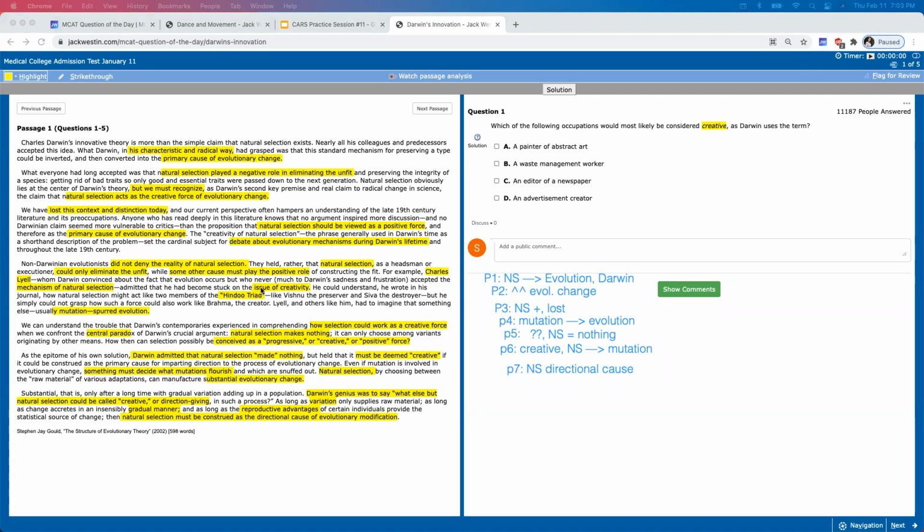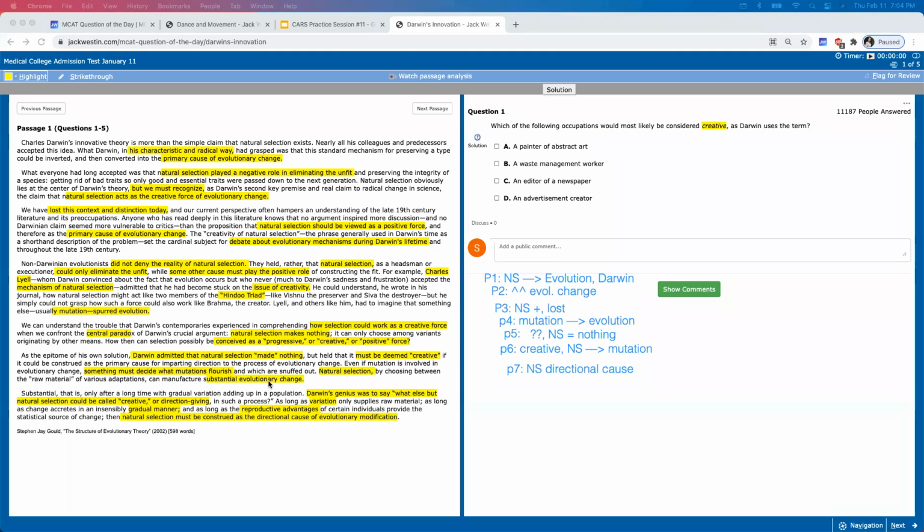The issue of creativity, and also held that it must be deemed creative, right here. If natural selection made nothing but held that it must be deemed creative, it would be construed as a primary cause for imparting direction. Even if mutation is involved, something must decide. So natural selection is choosing between the raw materials and can manufacture evolutionary change.